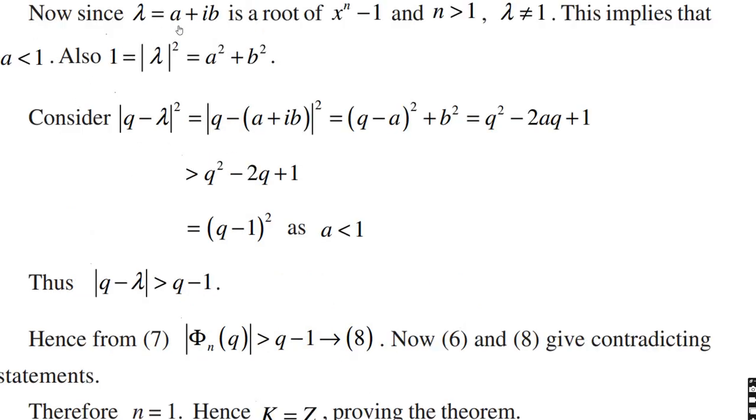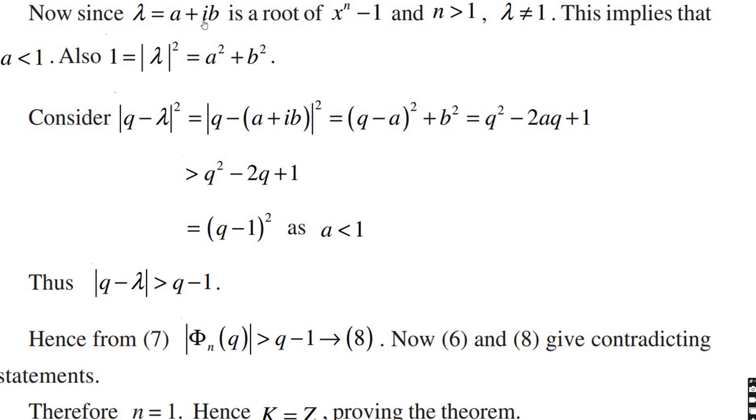Since lambdas are all roots of the given x power n equal to 1, that is, the nth roots of 1, accepting 1 the rest are complex numbers. So x power n minus 1 will have this as a root.